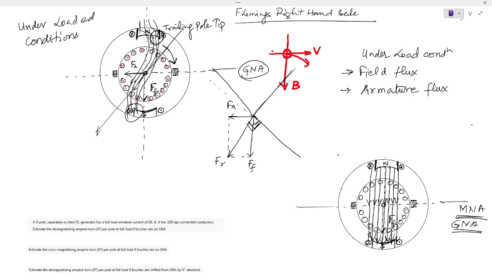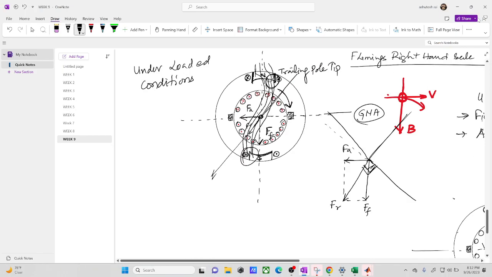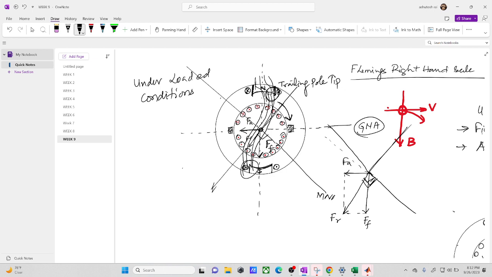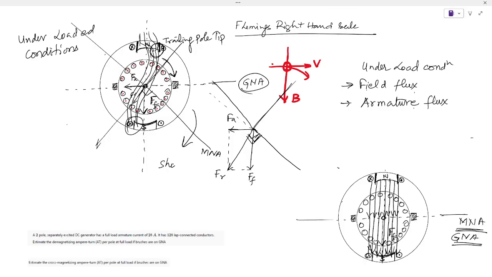Due to that, our magnetic neutral axis MNA has shifted in the direction of rotation.